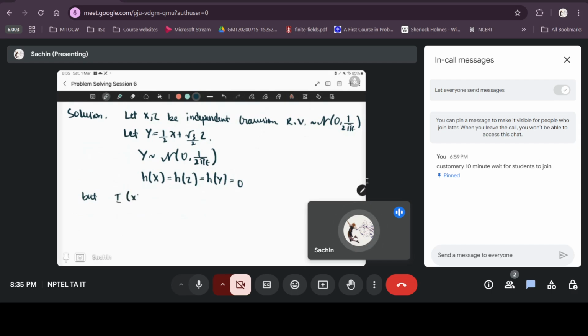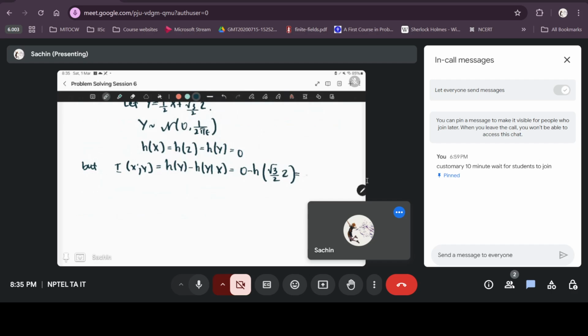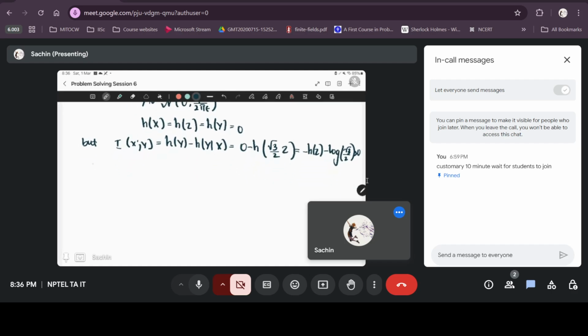But I of xy, which is h of y minus h of y given x, is 0 minus h of root 3 over 2 z, which is minus h of z minus log root 3 over 2, which is greater than 0, because log root 3 over 2 is a negative quantity, and minus of that is greater than 0. Therefore, A is false.